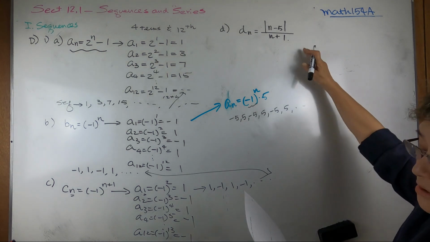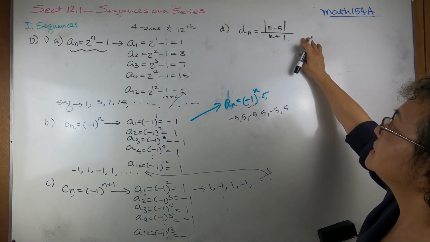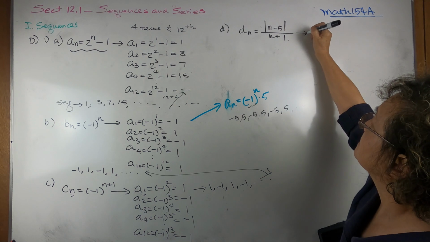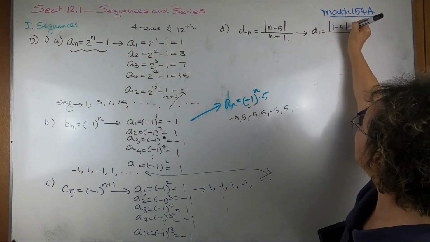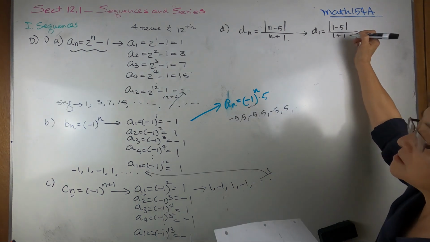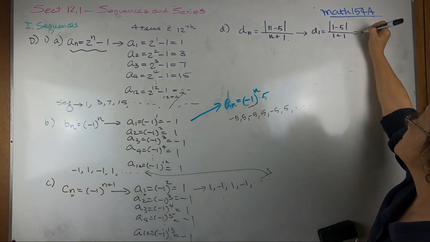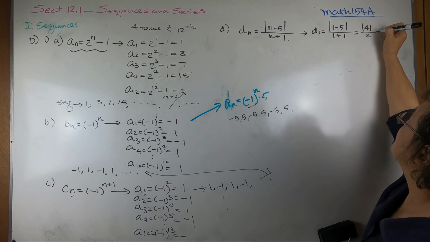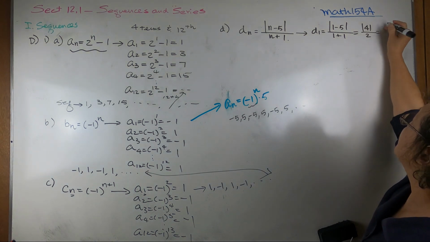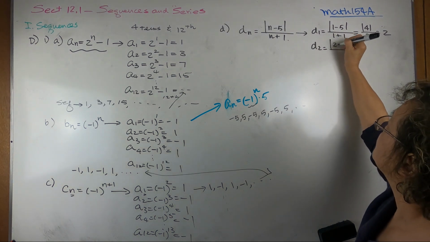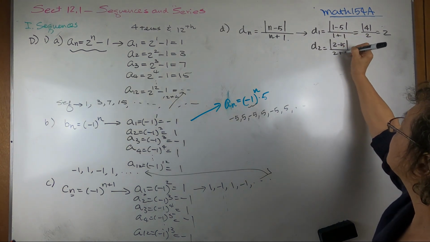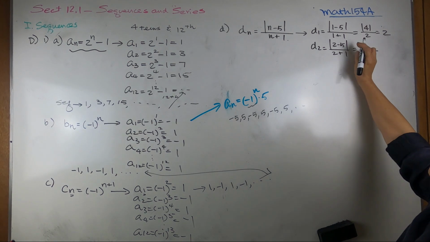Okay, so if we have this, then what do you think? D1 will be what? Will be (1 minus 5) over (1 plus 1). You just plug in, right? That would be absolute 4. Then that would be 4 divided by 2 is 2. D2 would be what? (2 minus 5) over (2 plus 1). That would be what?